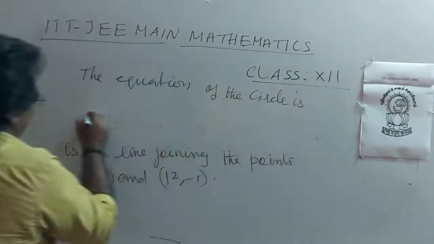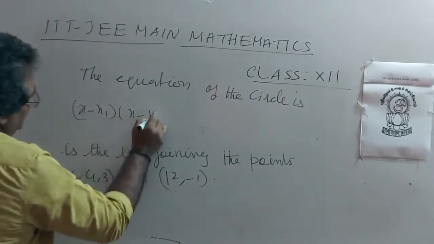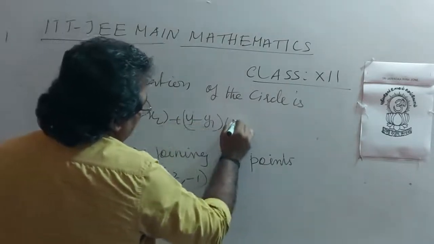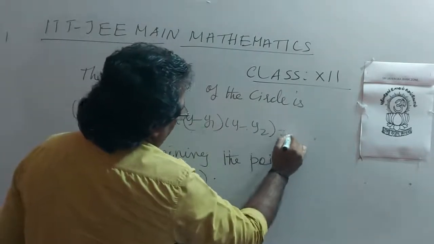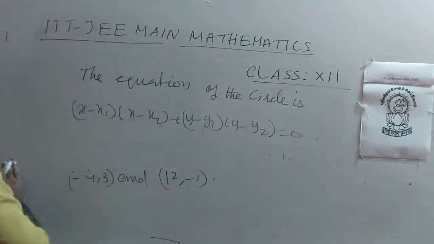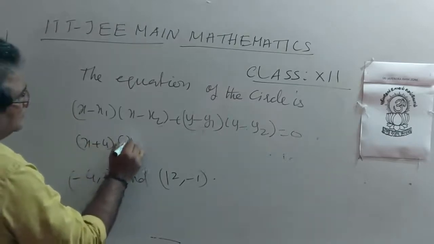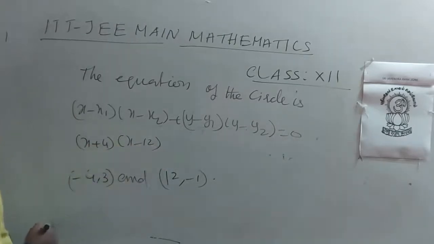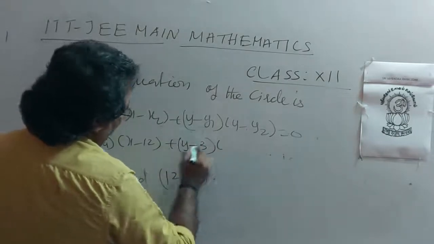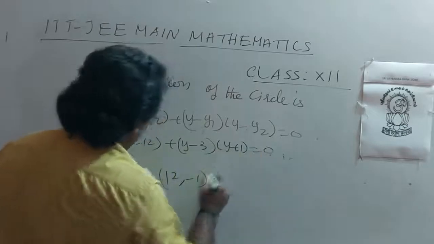The equation of circle is (x minus x1) into (x minus x2) plus (y minus y1) into (y minus y2) equal to 0. (x plus 4) into (x minus 12) plus (y minus 3) into (y plus 1) equal to 0.